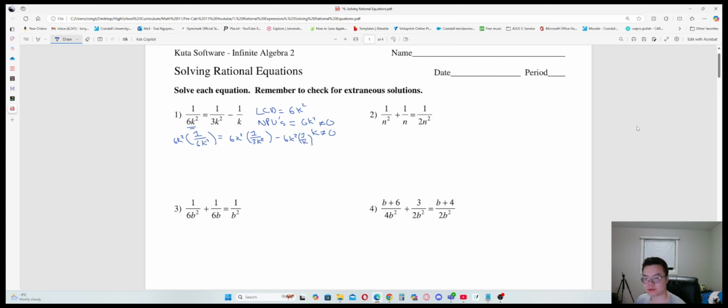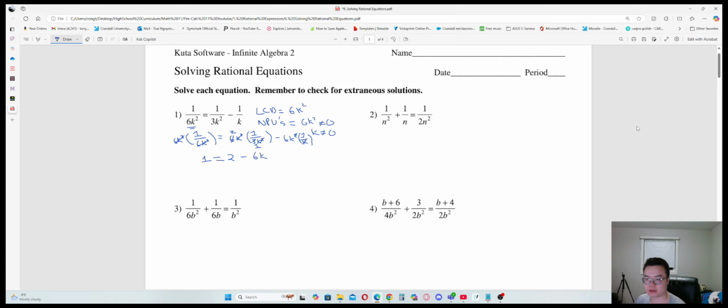As you can see, 6k squared cancels out in the first term, so it will leave me the number 1. And in 6k squared, the k squared will cancel out, 6 will leave me 2, and 3 will leave me 1 because they can divide by 3. So 2 times 1 will give me 2, and minus, I will have k here, get rid of the square, and the lower k is gone. So I will have negative 6k.